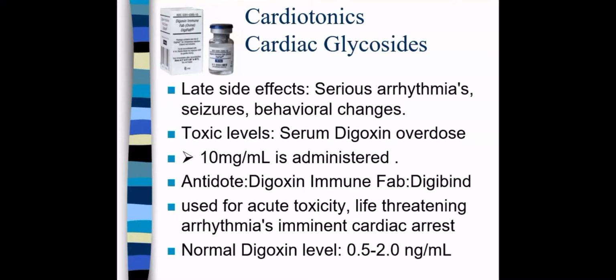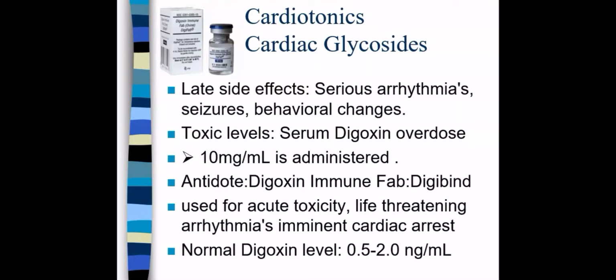When we've had medicine that's been given too long or too high, a level greater than 10 milligrams per ml, we want to make sure that we give the antidote. If we don't change its blood level and bring it down, it can be very life-threatening, and it can cause arrhythmias and cardiac arrest.